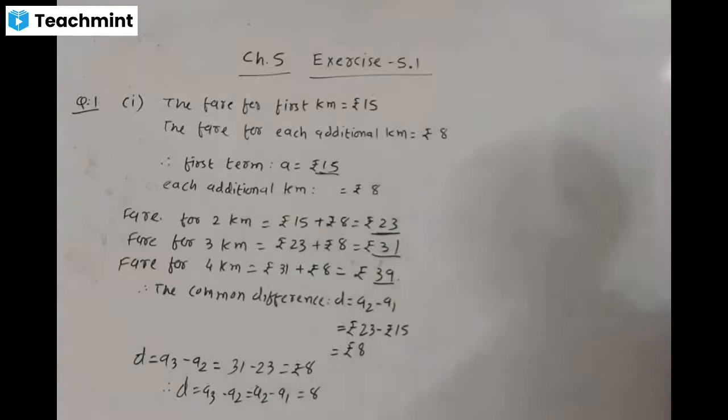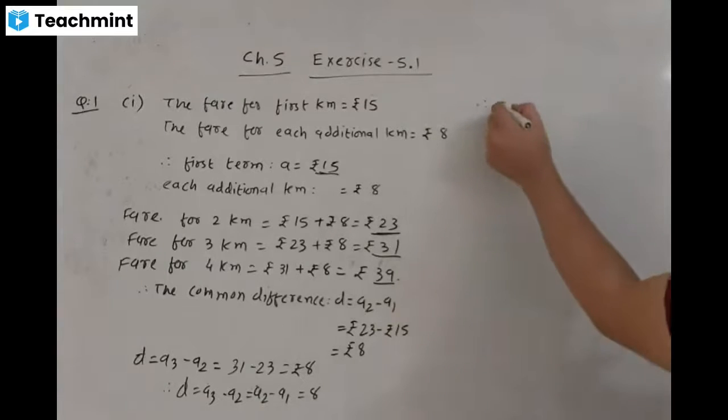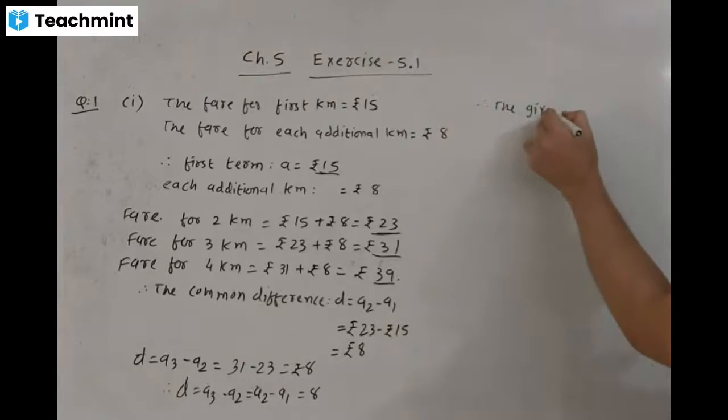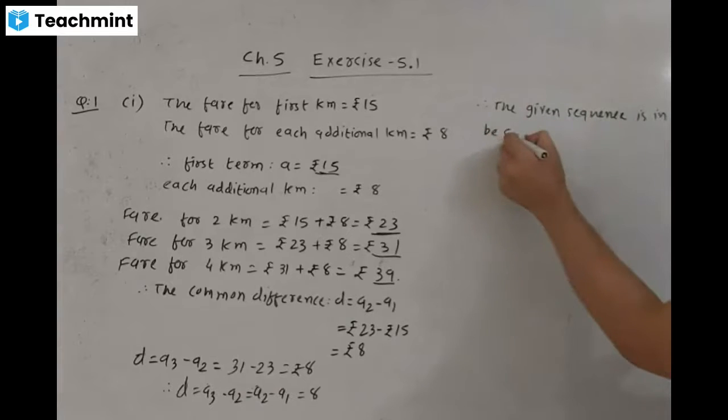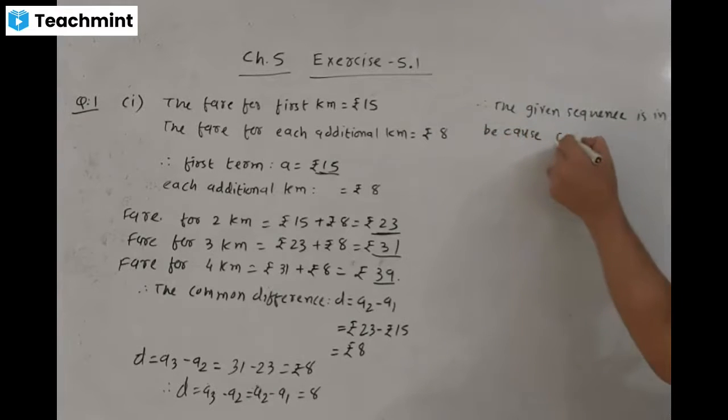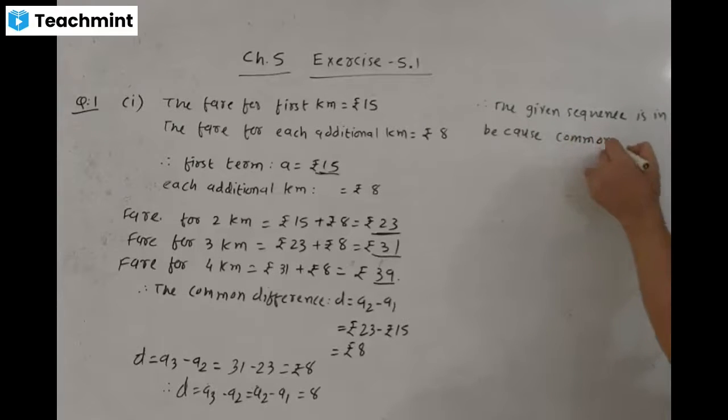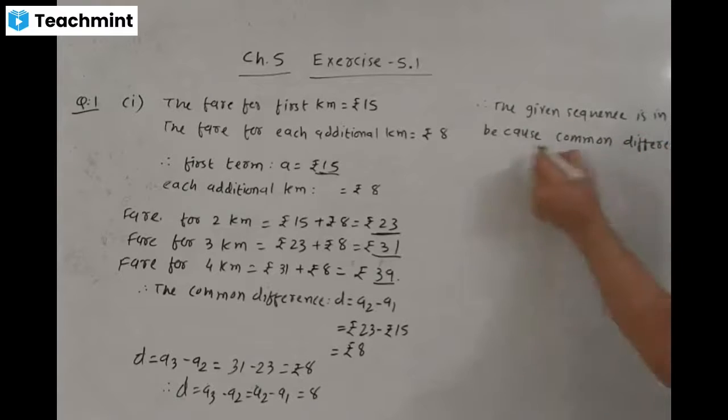Therefore, the given sequence is in AP, because the common difference D is the same.